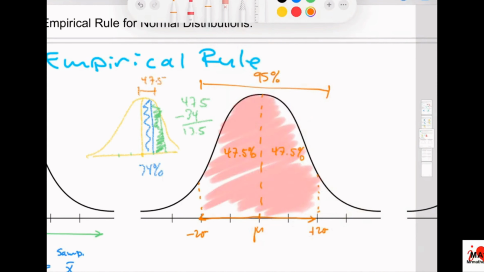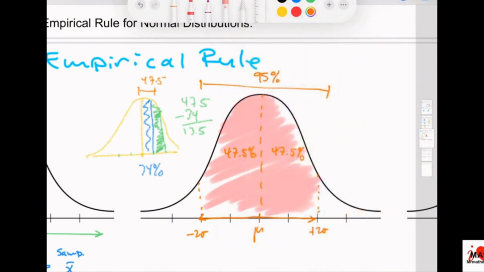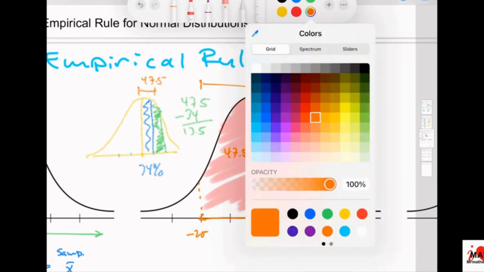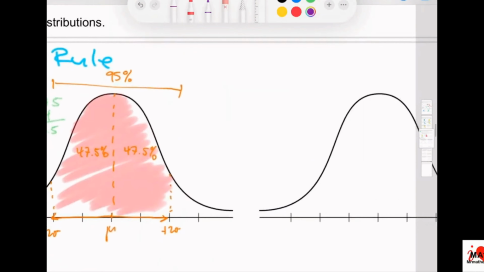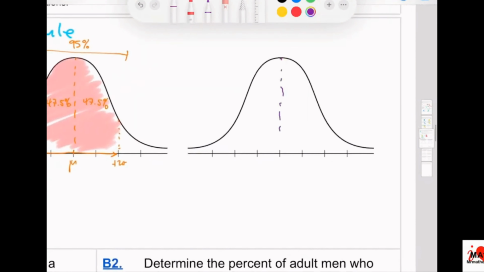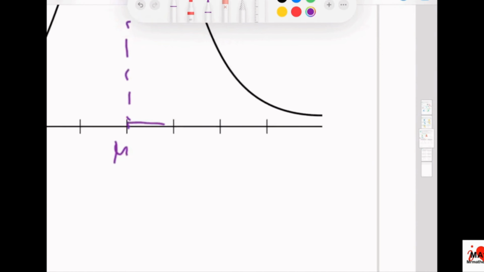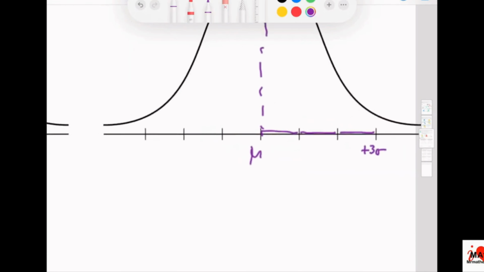Okay? And let's do the last one. Let's do purple. The last one is within, from the center, 3 standard deviations. Let me count those out loud. 1, 2, 3 standard deviations. And if you go towards the left, 1, 2, 3.